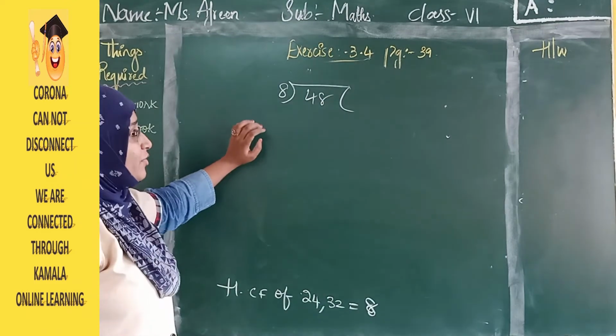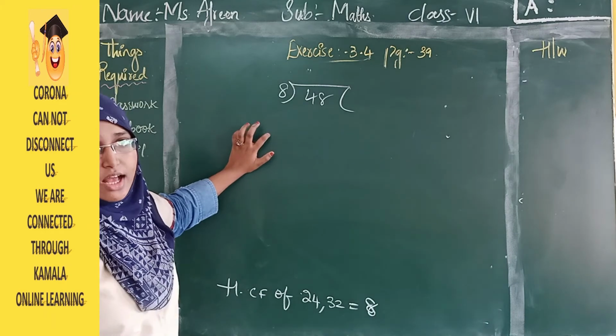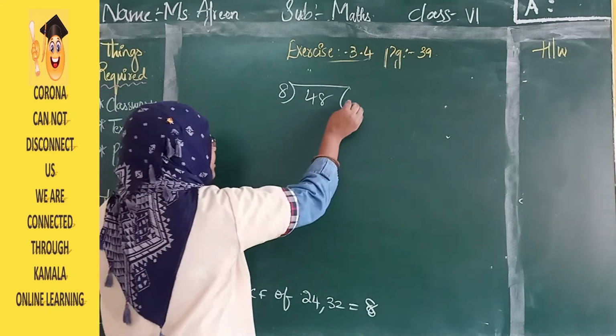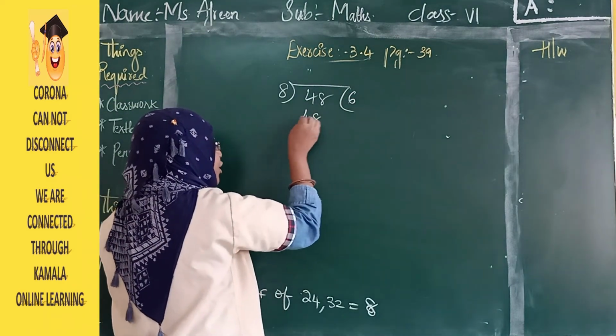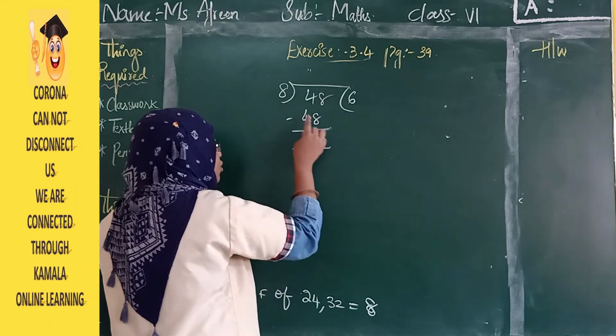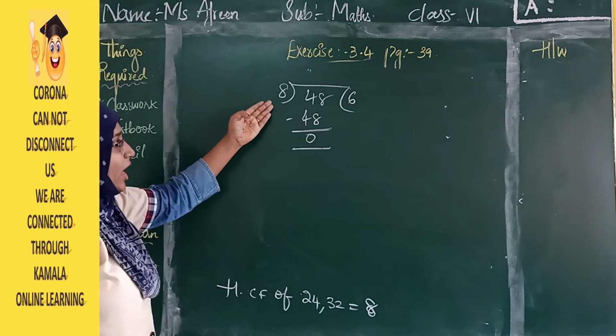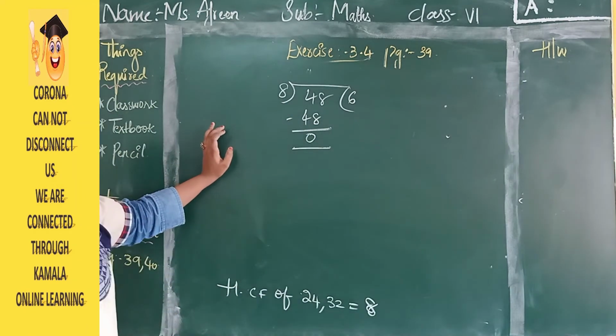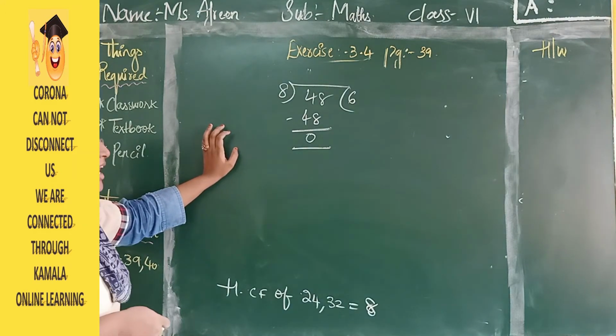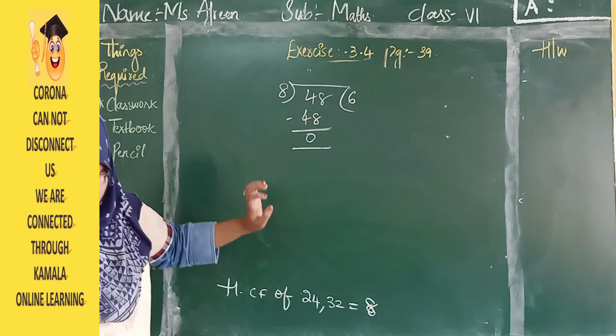In the 8 table, when do we get 48? 8 sixes are 48. 48 minus 48 is 0. So what is the last divisor? 8. So how much capacity does it have to hold? That is 8 liters of capacity.